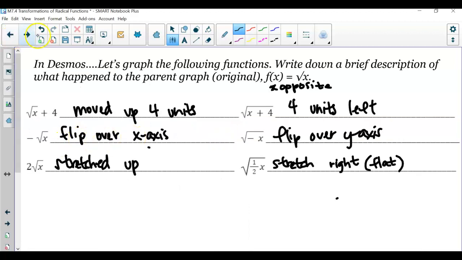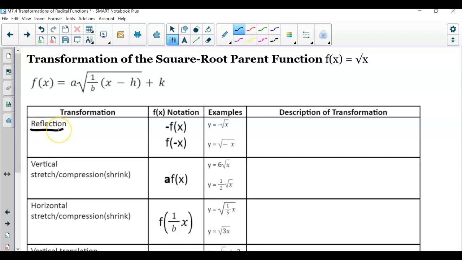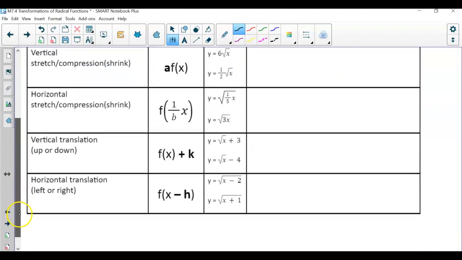It flipped over the x-axis, but we're going to use the word reflection. So it reflected over the x-axis. So that means when the negative is inside the radical, let's not say flip, but it reflects over the y-axis. Now I'm going to skip down and save the vertical and horizontal stretches last.